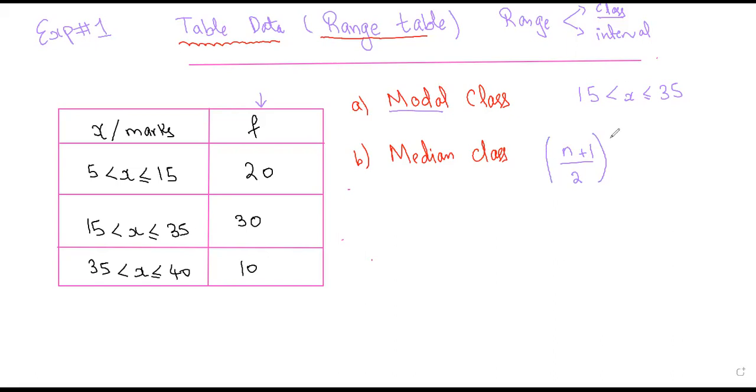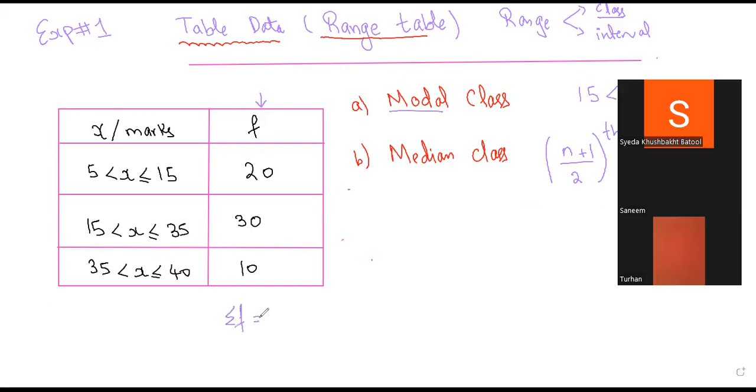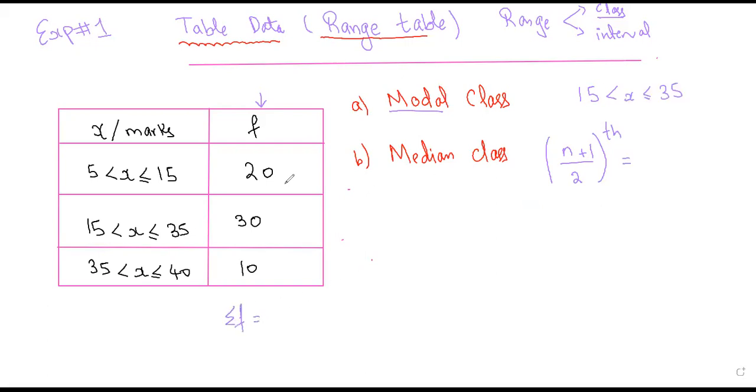This would be the median class. Let's just plug in the value. N would be summation f. What is summation f? 20 plus 30 plus 10, then it is 60. So it would be 61 by 2.